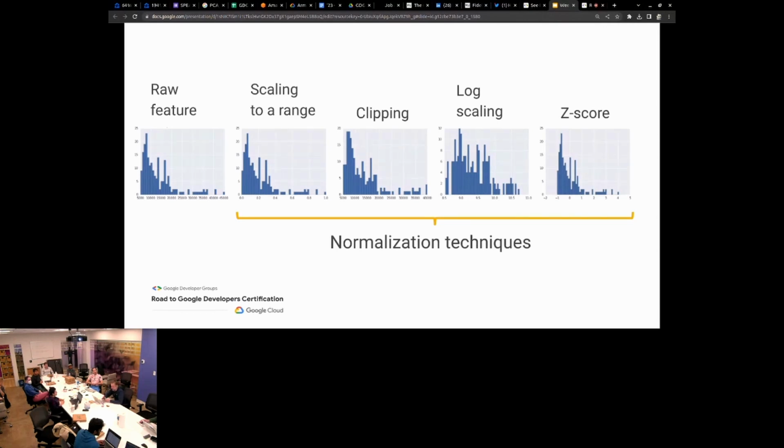And finally is the z-score, which makes the mean to be 0 and the variance to be 1. This is the reason that you see a lot of the population is between -1 and 0, but we have some almost similar population, a little bit more sparse between 0 and 4.